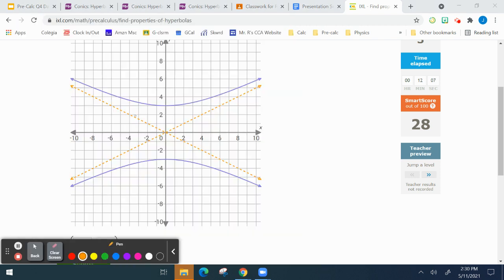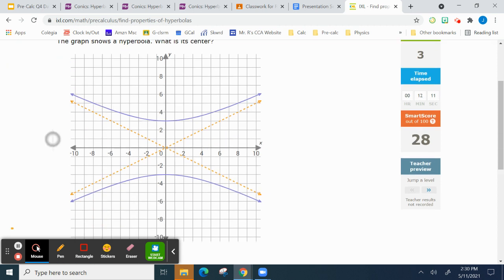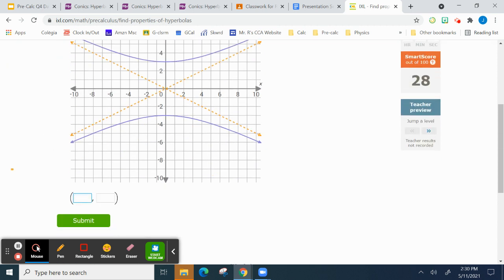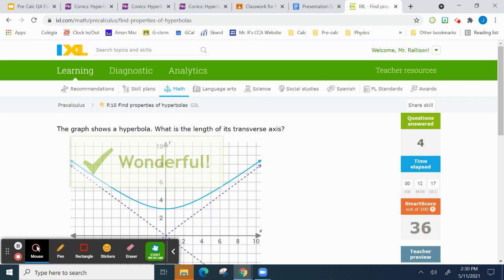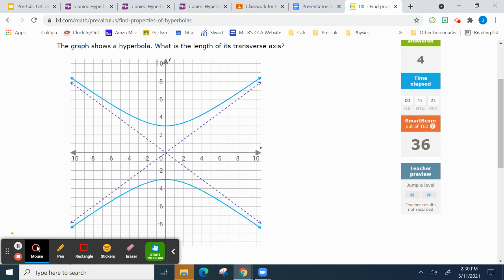All right, well, I don't even know what the question was. What was the question? Oh, what's the center? 0, 0. What is the length of the transverse axis? Again, the transverse axis, that's the one from between one vertex to the other. So that is 3, and that's at -3.